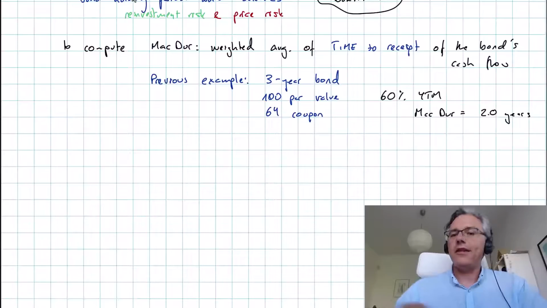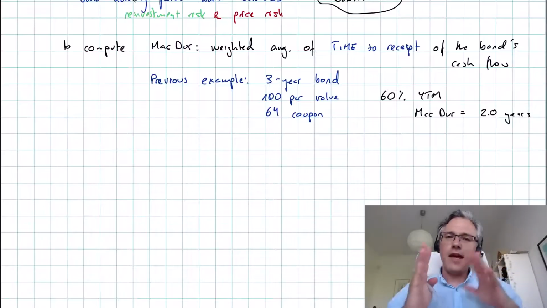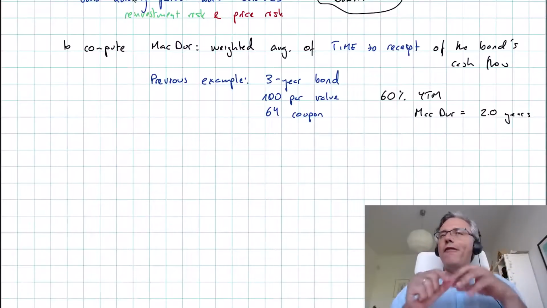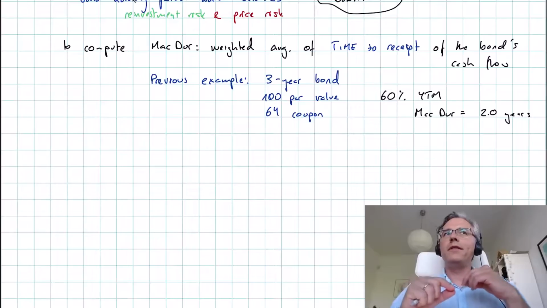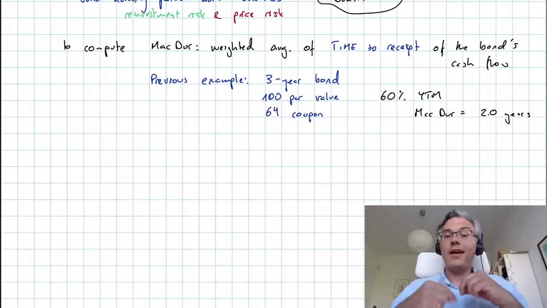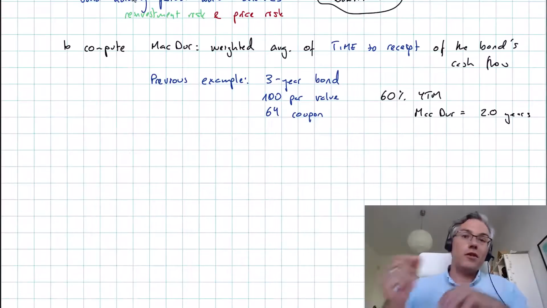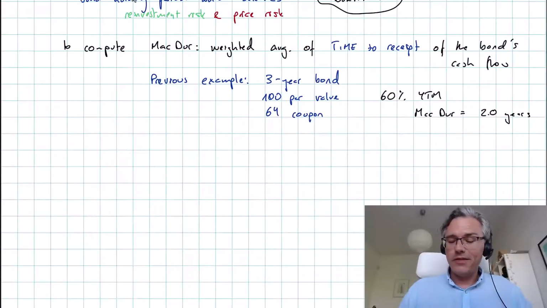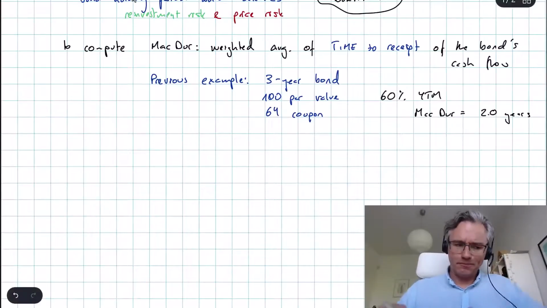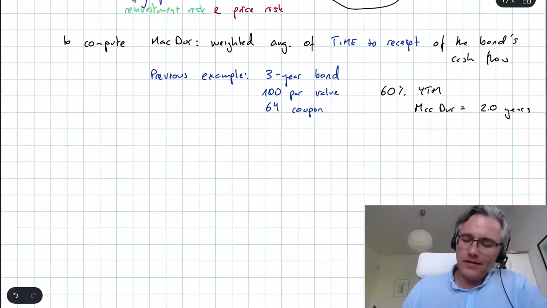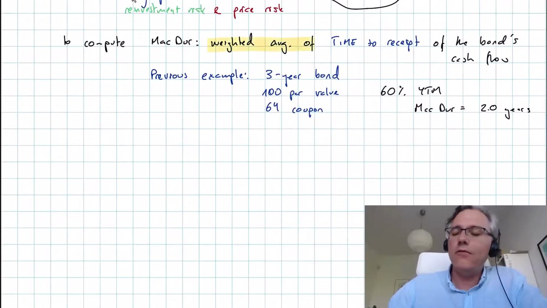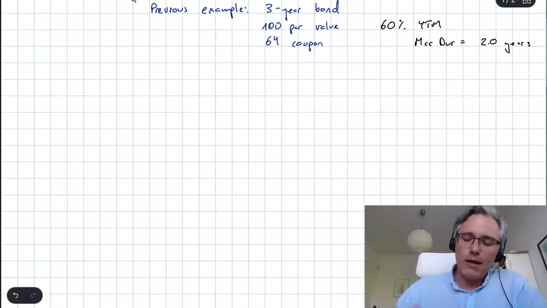I know it, because that was the holding period for which we achieved the balance between reinvestment risk and price risk. But I forced that 2 years on you in the previous video. Now I'll show you how I got it. I did a computation which involved computing the weighted average of time to receipt, and let me show you how it is done.